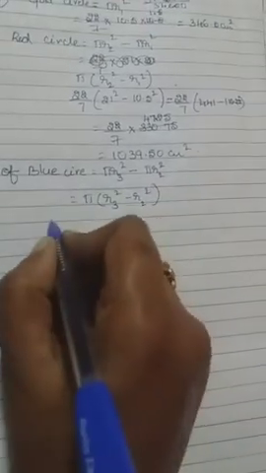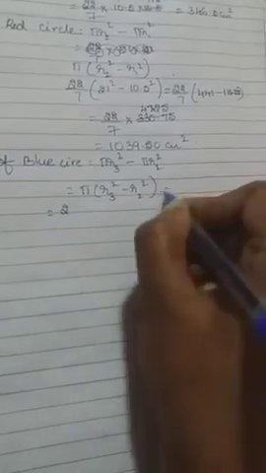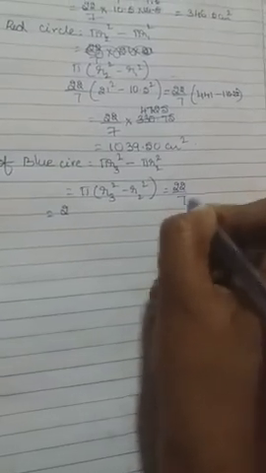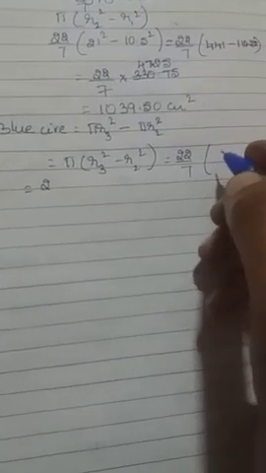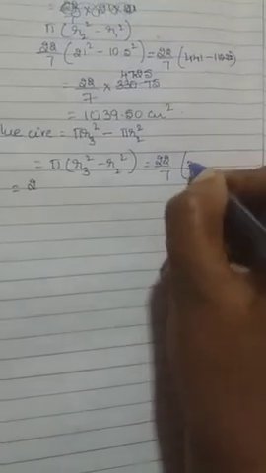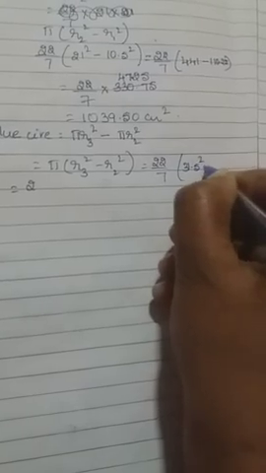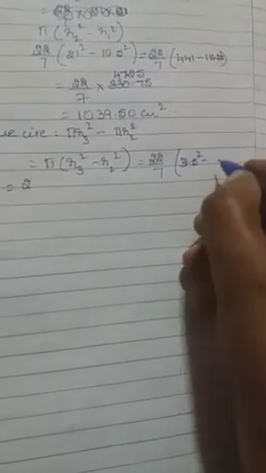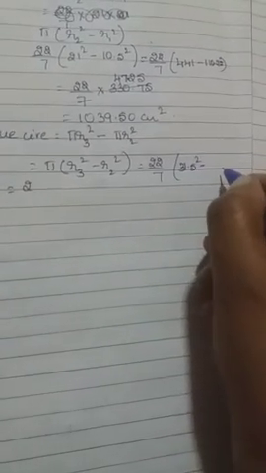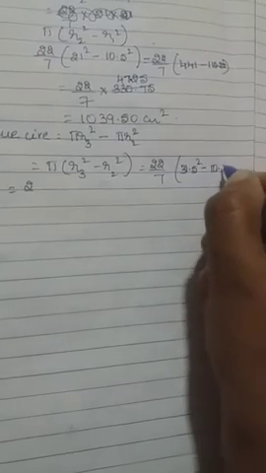Substitute the values: 22 by 7 into 31.5 square minus 10.5 square, right?